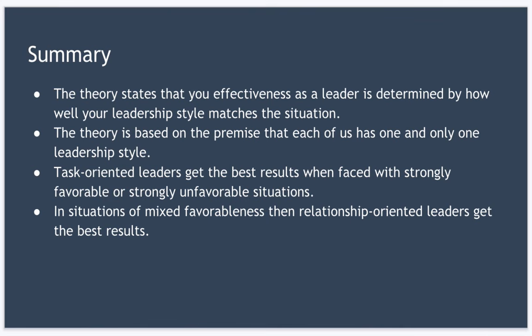Now, using this scale, you are either a relationship-oriented leader or a task-oriented leader. And according to Fiedler, task-oriented leaders get the best results when faced with strongly favorable or strongly unfavorable situations. And in situations of mixed favorableness, then relationship-oriented leaders get the best results.